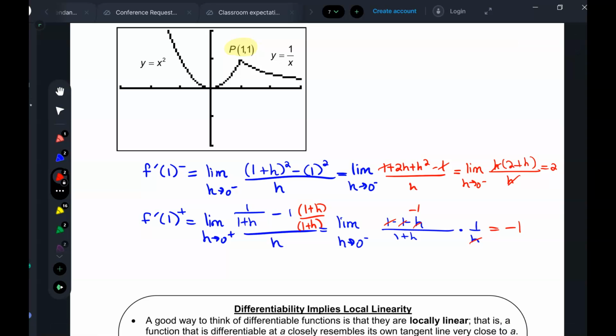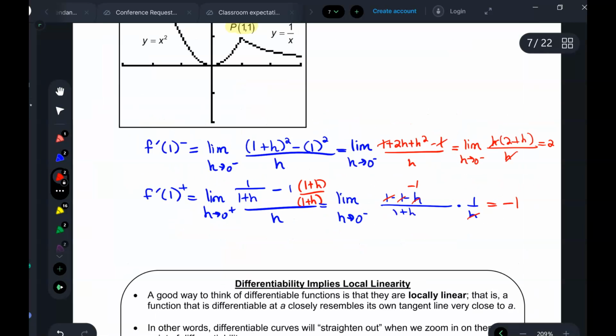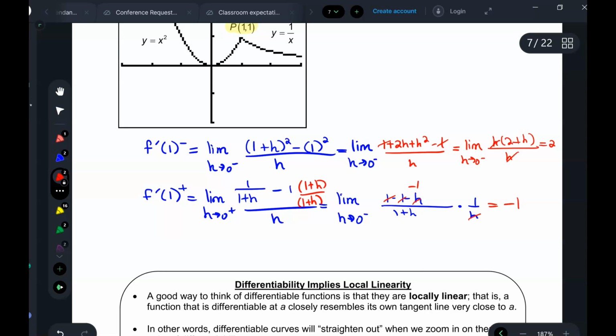Okay, so since the left-hand derivative and the right-hand derivative are not equal to each other, what happens at 1? There's a corner. Therefore, there is a corner at x equals 1. There we go.